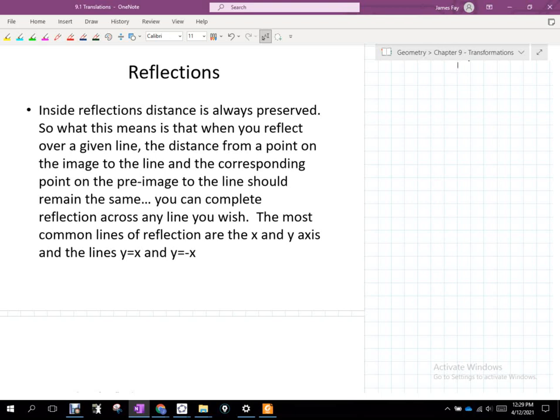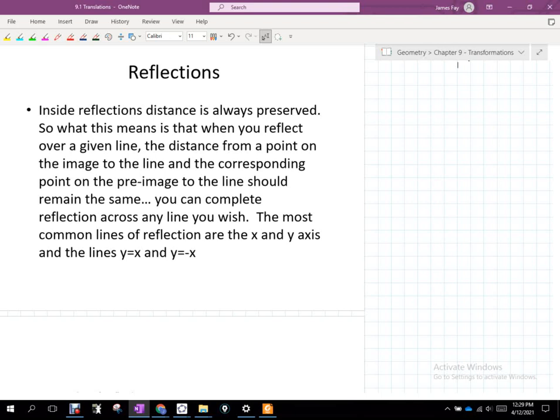It could be any line. It doesn't have to be vertical or horizontal. We can reflect over any line we ever want to come up with. But the distance from a point on the pre-image to that line is exactly the same distance as from that line to the corresponding point on the image.